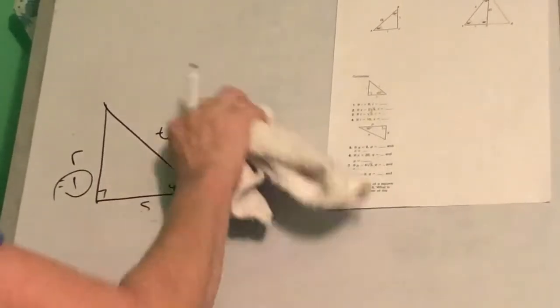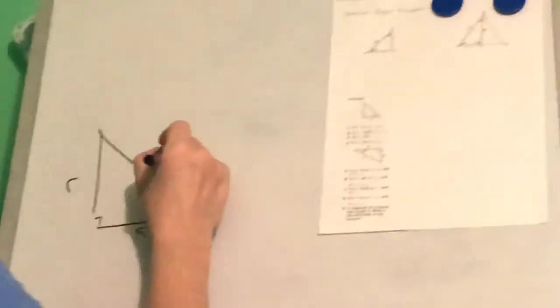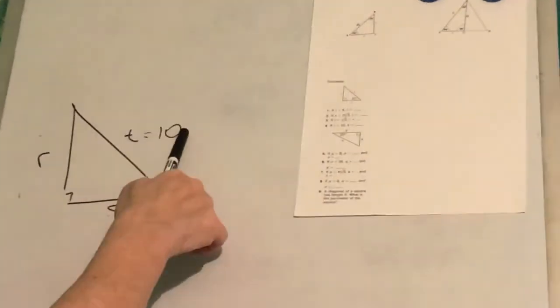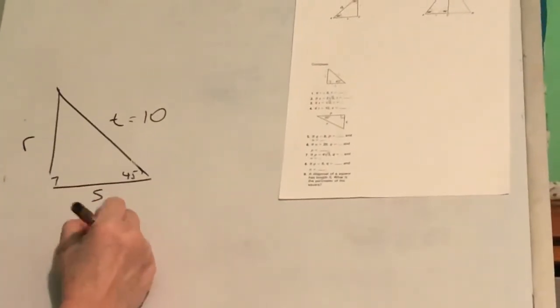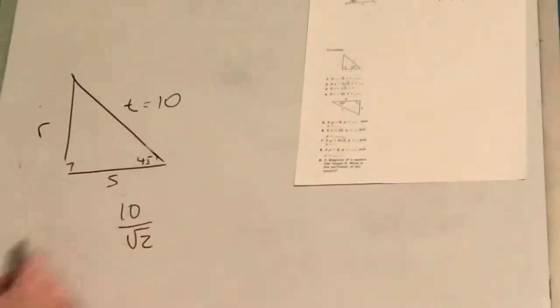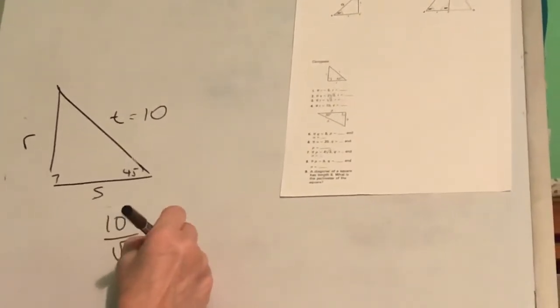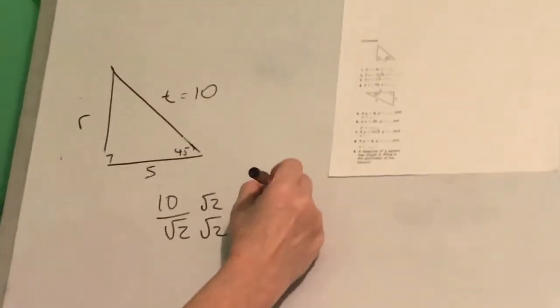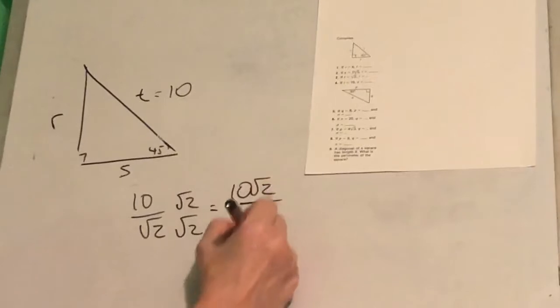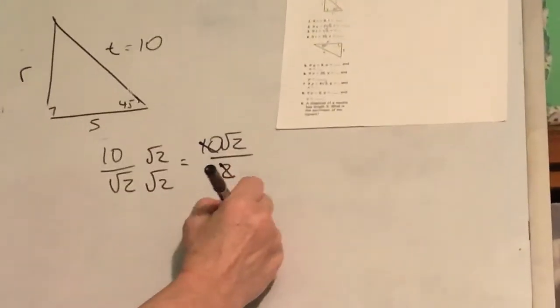In number 4, we know that T is equal to 10. Again, we know the hypotenuse and we want to work backwards to the legs, so we need to divide by the square root of 2. This is not reduced. We have to apply the identity property, which will give me 10 square roots of 2 over 2, which will reduce to 5 square roots of 2.